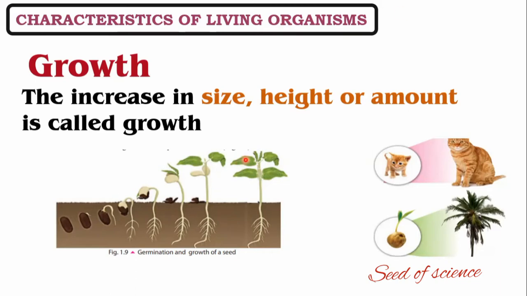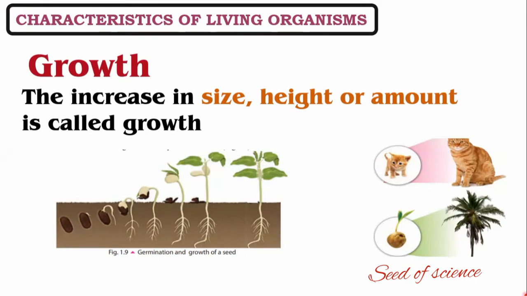Likewise, animals as well as plants do grow. Here you can see a picture of a kitten and a cat. It has grown gradually. Likewise, from seeds, plants grow gradually.